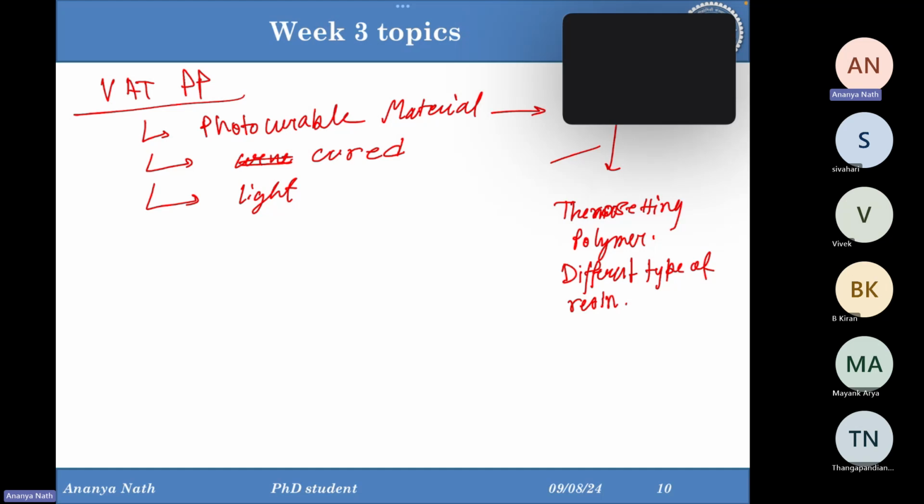How do you differentiate between different resins? Hint is it is photocurable. No guess. Any random guess?